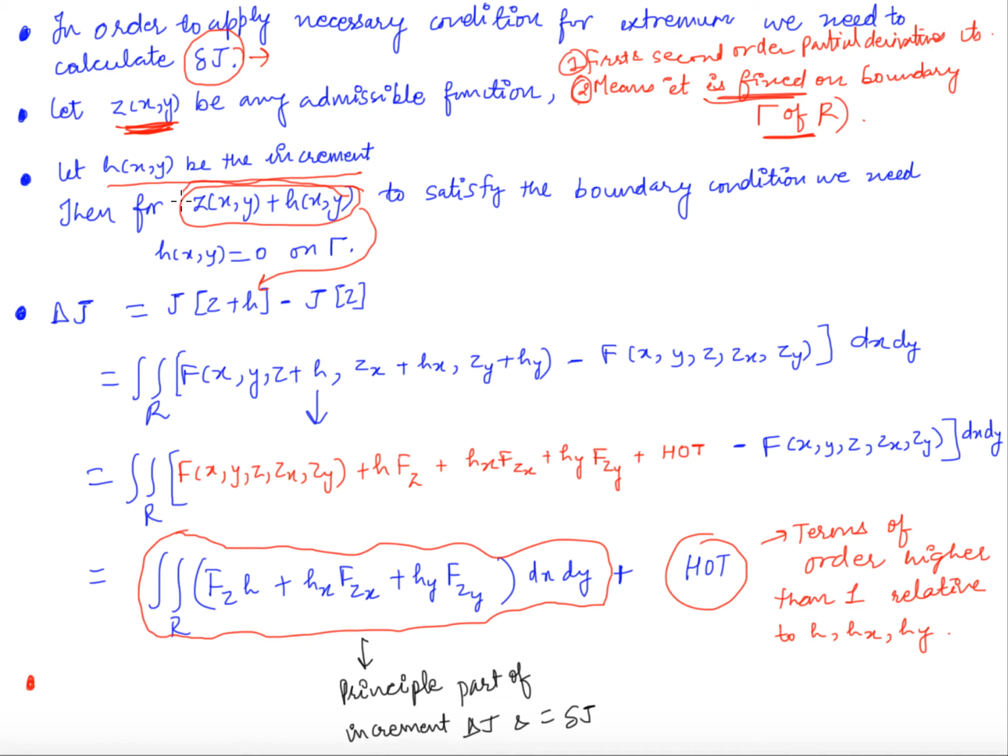So this will come from your admissible set only if, number one, your h_x, h_y, h_xx, h_xy, h_yy exist and are continuous. Number two, h should be 0 on the boundary, because only if h is 0 will this whole function assume the given value on the boundary.